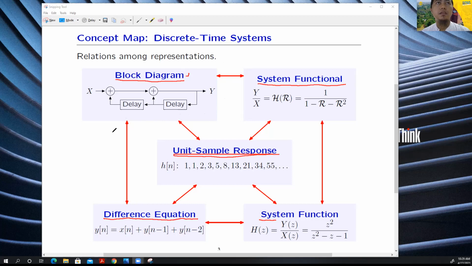For example, the first group, I expect you to explain how to convert the block diagram to the difference equation. This is the first group.